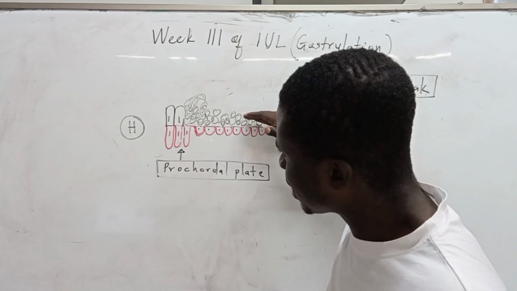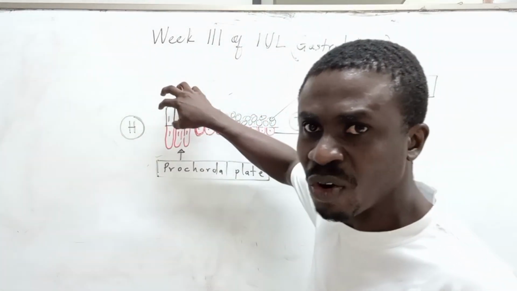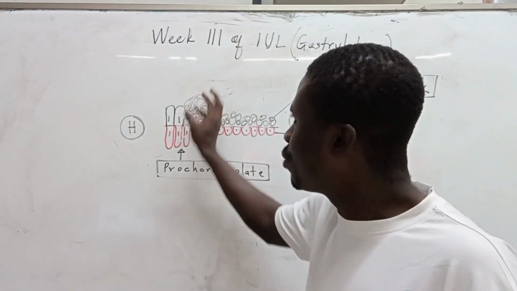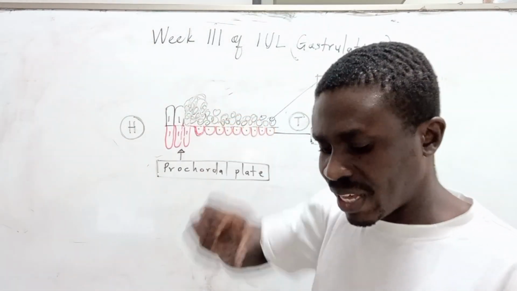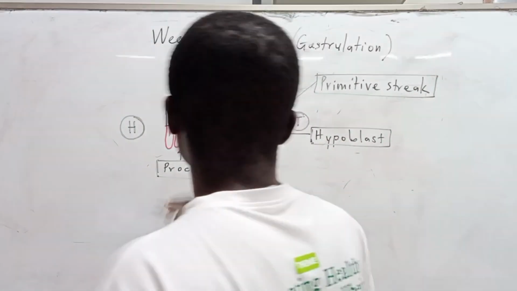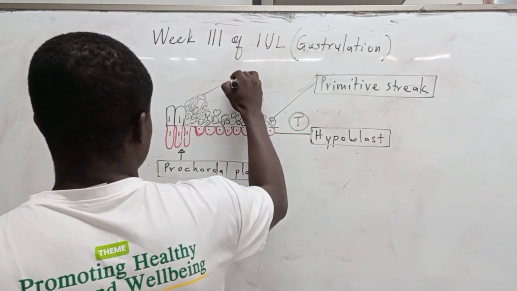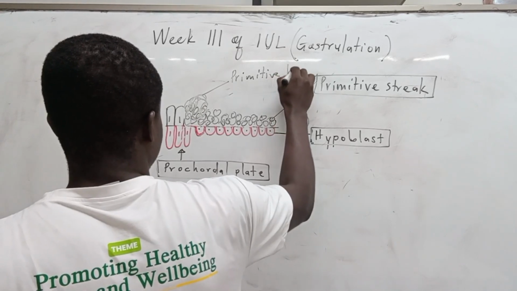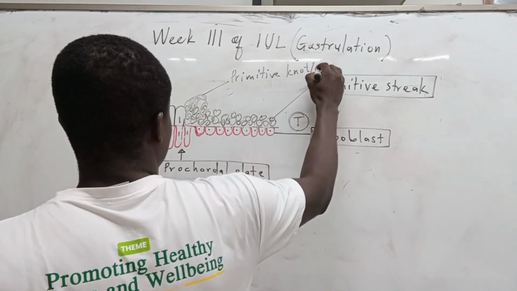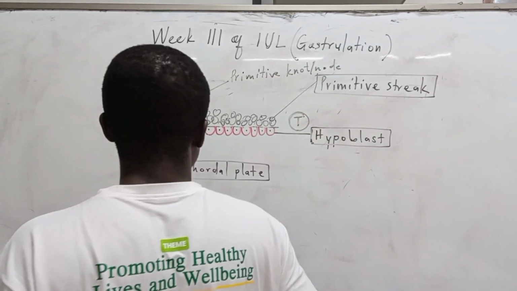Now, this primitive streak, as I told you, gets into the cranial end over here. They begin to move and form some kind of nodular mass there. And my friends, this is something we call the primitive knot, or you may also say primitive node.